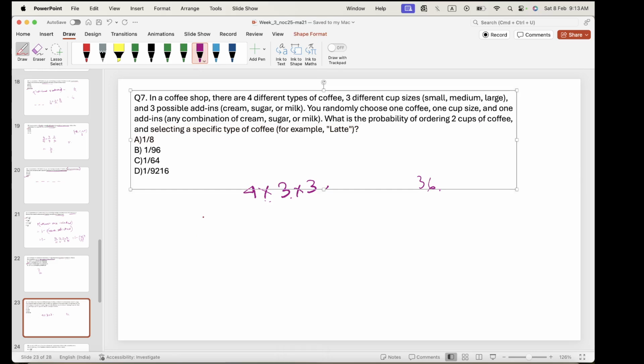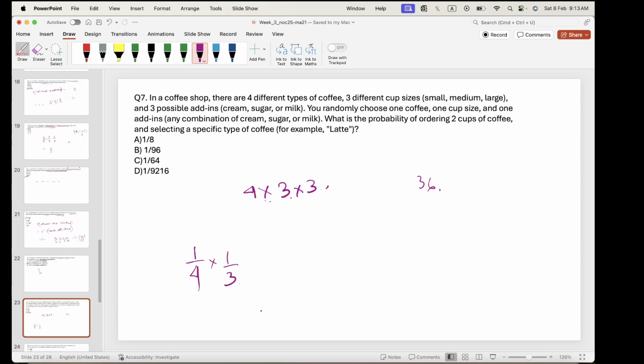I order any one of the three cup sizes, and I'm ordering one of the three add-ins, let's say. So this is the probability of ordering one cup. It's something close to 1 by 36.